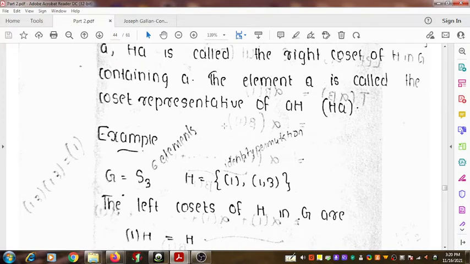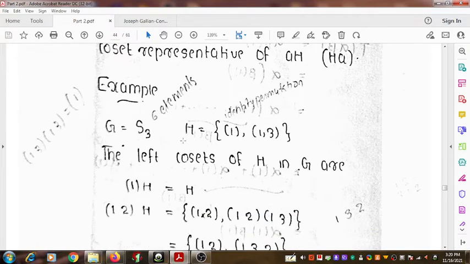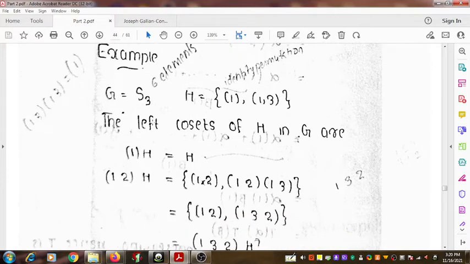Next, we are now going to discuss some examples. We can use some familiar groups to study this. In the first example, we are taking the group G equal to S3, and then what is the subgroup chosen?